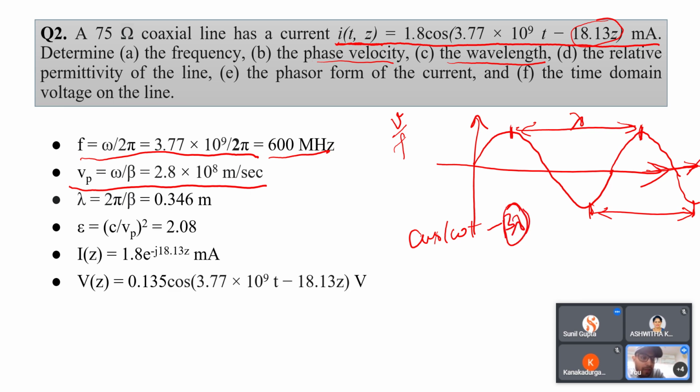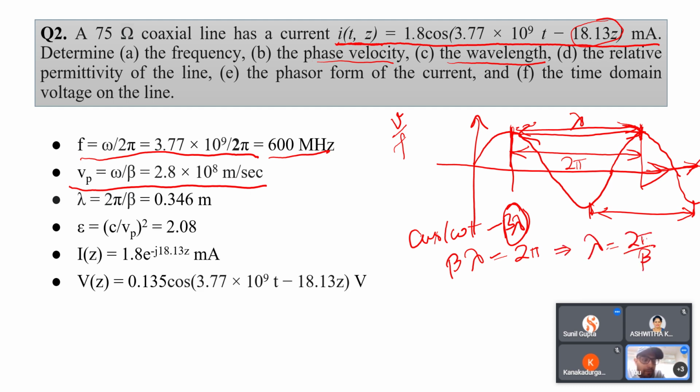This phase will be equal to 2 pi, because for a sinusoidal signal we know the phase difference will be equal to 2 pi. So we define beta into lambda is equal to 2 pi. So from here we can calculate lambda equals 2 pi over beta.